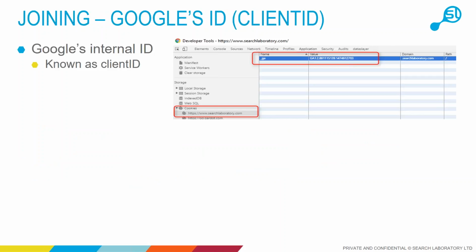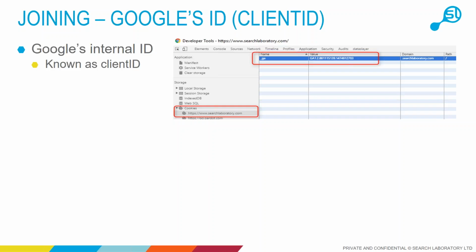So we're coming on now to what I referred to earlier as the join key, and this is really a method of associating the people that are on your website with people that do things offline. The first of these methods is what I call Google's internal ID, and it's referred to as the client ID.